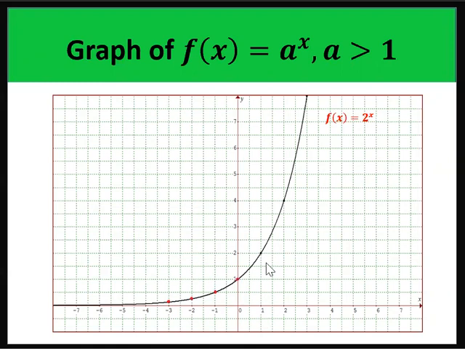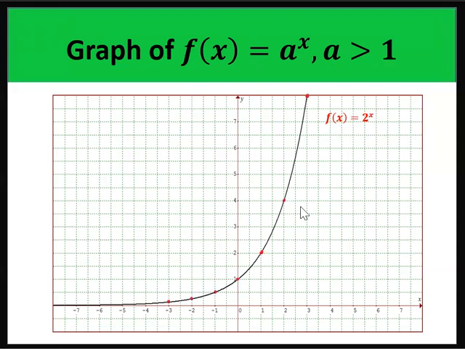When x is equal to 1, y is equal to 2. When x is equal to 2, y is equal to 4. And when x is equal to 3, y will be equal to 8. So if we connect these points by a curve, then we get the graph of f of x equals 2 raised to x.